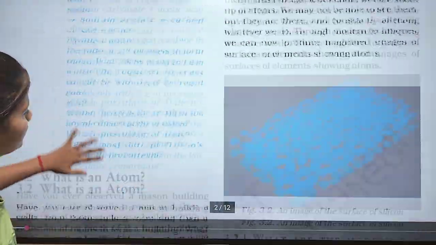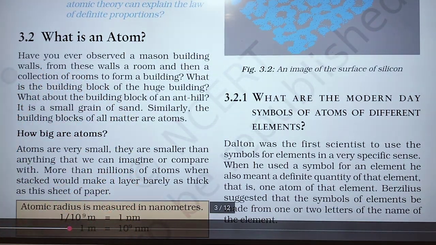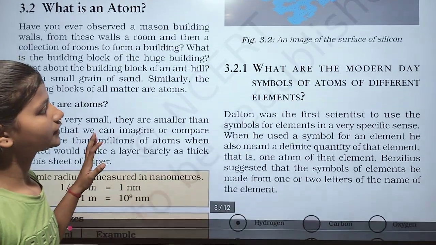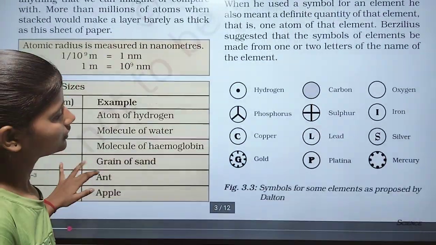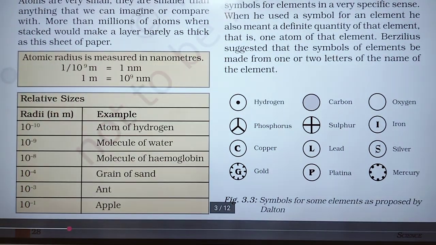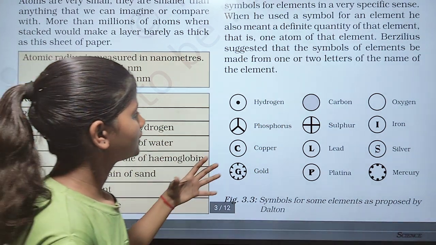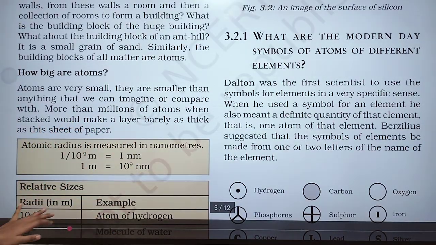So I hope you understand what an atom is. An atom is the smallest particle in the world, and it cannot be seen by naked eyes. Dalton used the first symbols for elements.